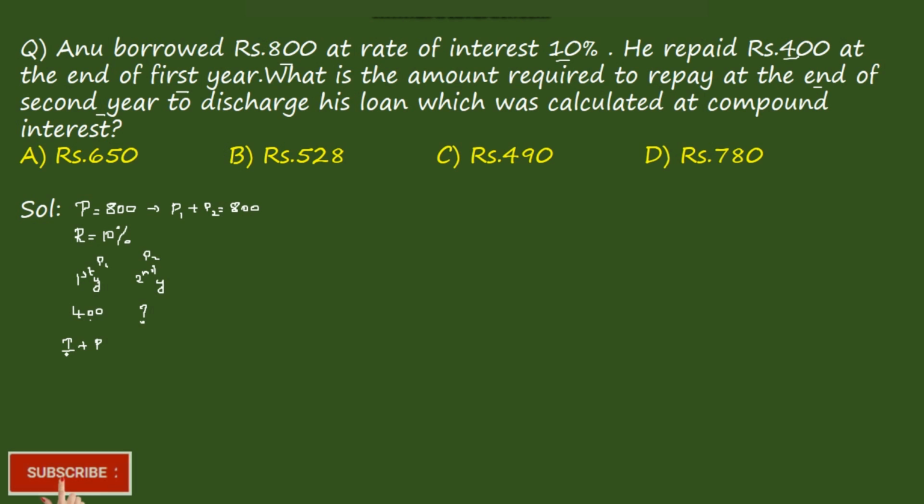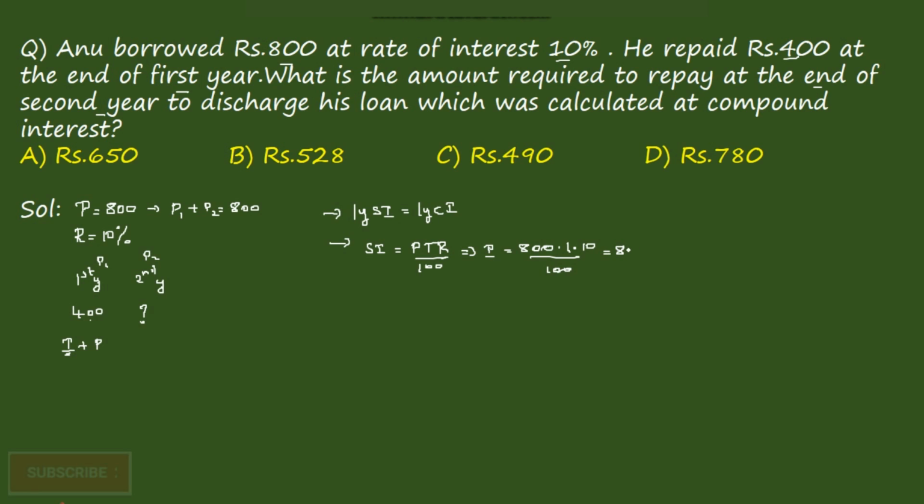First we find the interest of the first year. The simple interest equals the first year of compound interest. Simple interest is P into T into R by 100, so I is equal to 800 into 1 into 10 by 100. The zeros get cancelled, which is equal to 80 rupees.